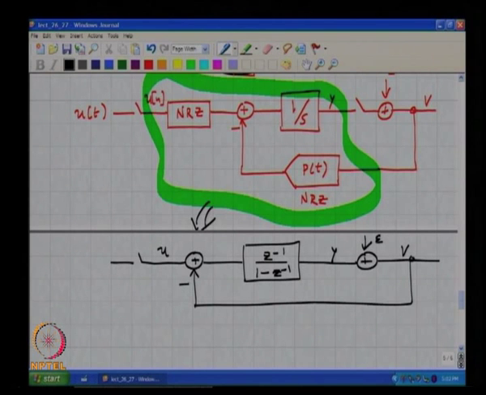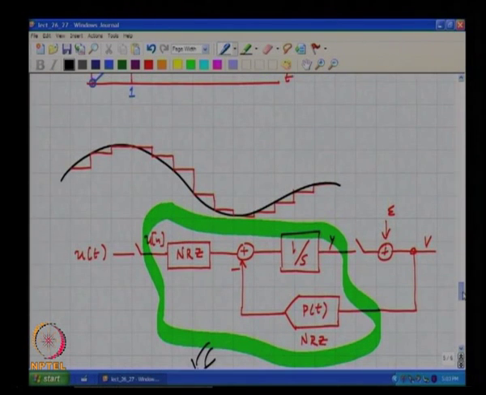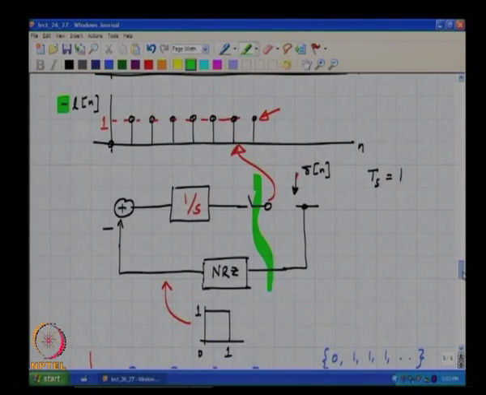But here no such thing is happening. This idea is just a way of understanding the equivalence between a discrete time modulator and a continuous time one, but the true modulator is only this.